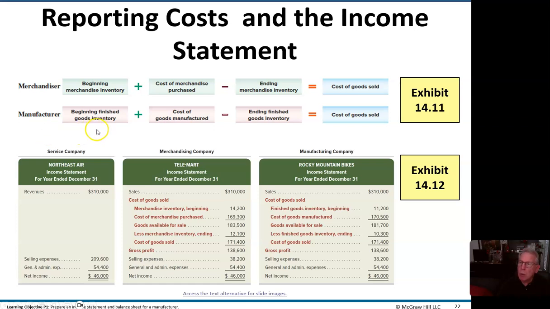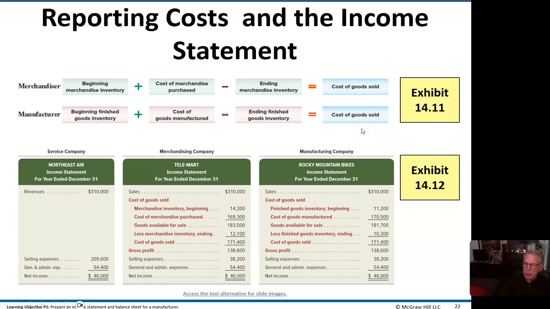And they begin with beginning finished goods inventory. That's after they've gone through the raw materials and work in process and been converted into finished goods. We add the cost of goods manufactured to that, back out the ending finished goods inventory, and that's going to be our cost of goods sold.